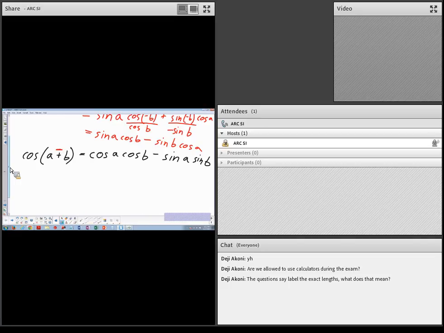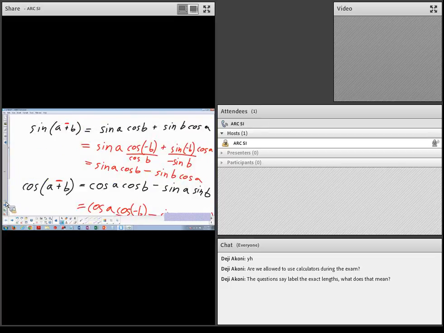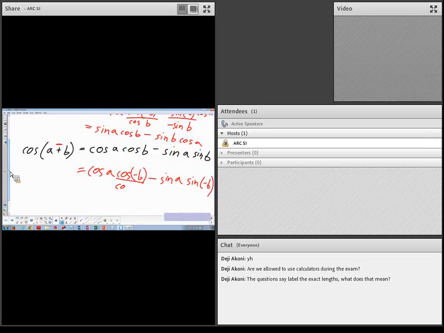So then the negative version, cosine A cosine negative B minus sine A sine negative B. What's this? Oh, it's the same thing as cosine B. Okay, hold up. I'm not getting that much better.